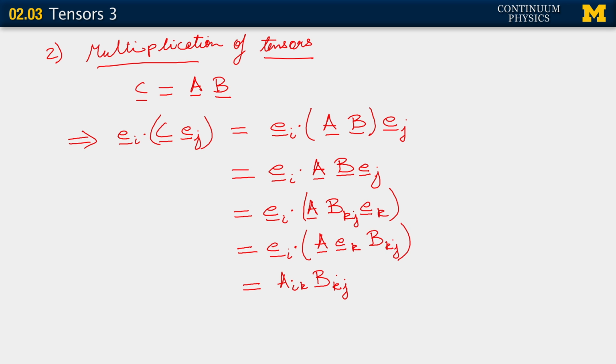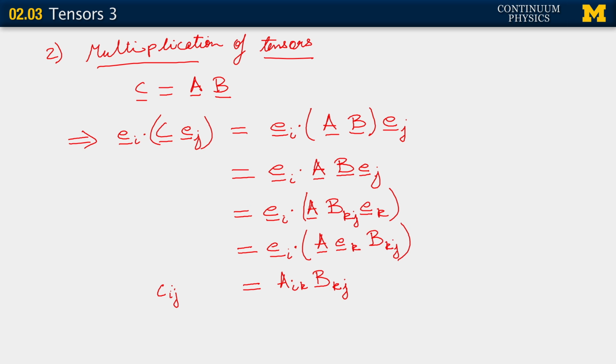We did nothing with the left-hand side all along, but now we can. The left-hand side, which always was EI dotted with C EJ, is just CIJ. And here we have our result for C equals AB expressed in terms of the components: CIJ is just AIK BKJ.